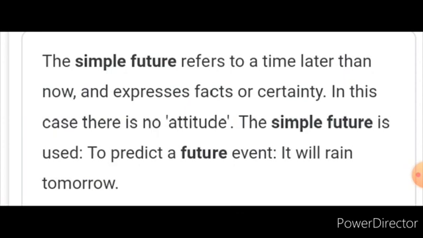It represents an action or a plan for future action. It expresses facts or certainty. In this case, there is no attitude. For example, it will rain tomorrow. Look at the word tomorrow, which represents the future tense. That is known as simple future. It will rain tomorrow.